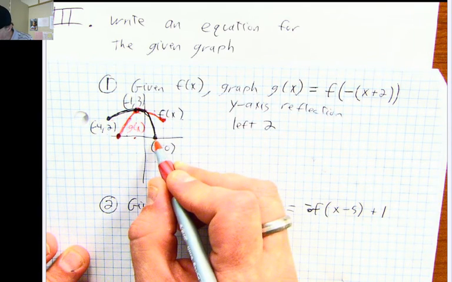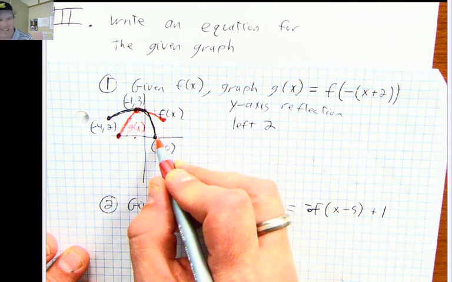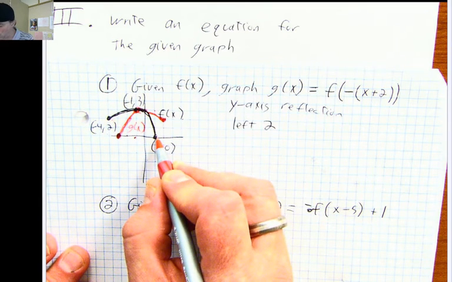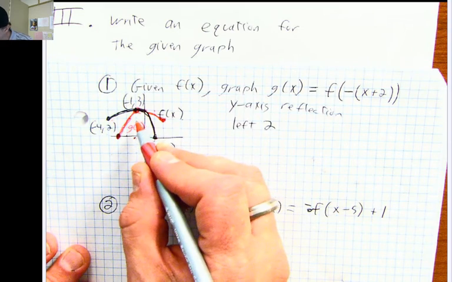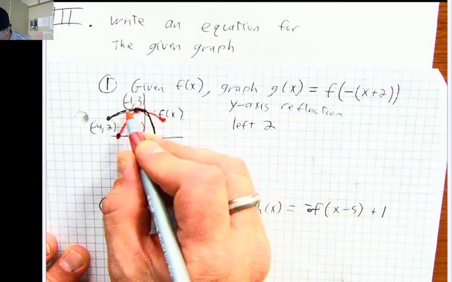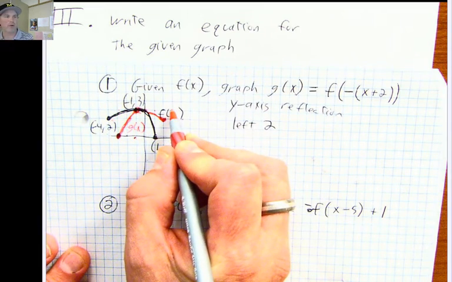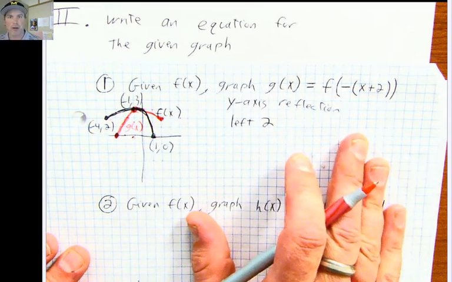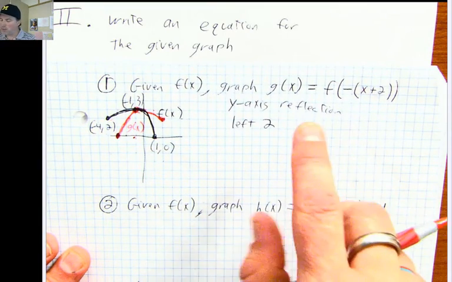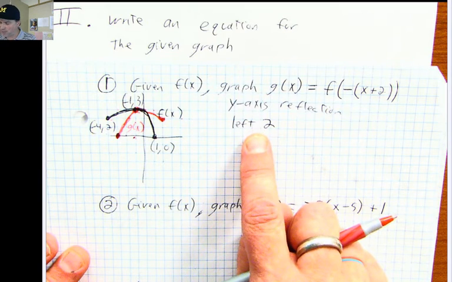If I went left 2 first and then reflected over the y-axis, I'd end up right back at 1, 0. Or let's look at negative 1, 3. If I went left 2 and then reflected over the y-axis, I'd end up way over here. So it does matter. So how do you know? Are you supposed to do reflections first or translations first?